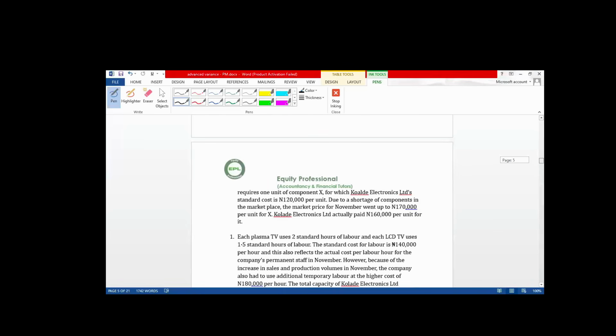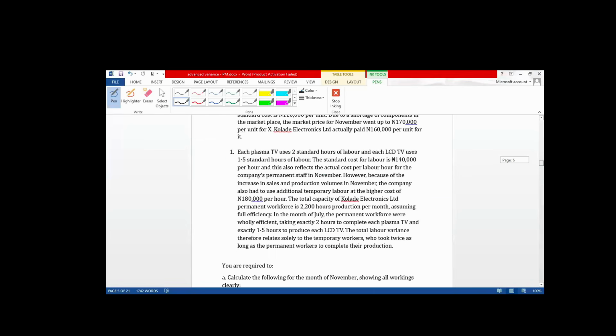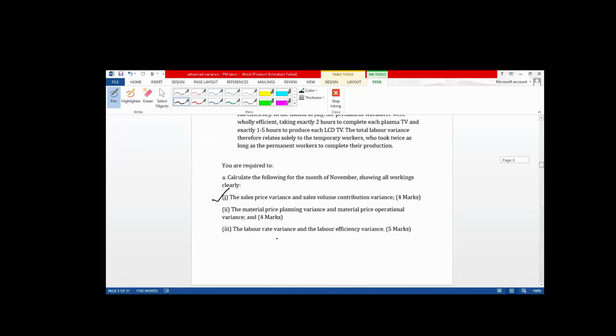Requirement A3, the labor rate variance and the labor efficiency variance, 5 marks. The first one is for 4 marks, the second one for 4 marks, 8 marks. We have treated these.